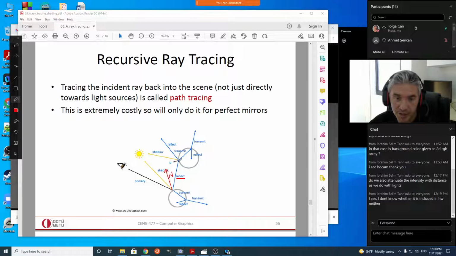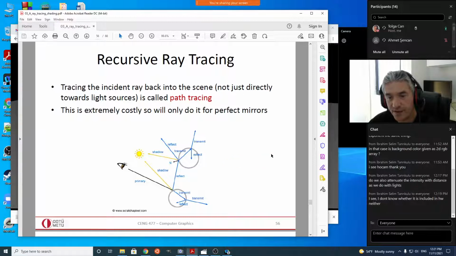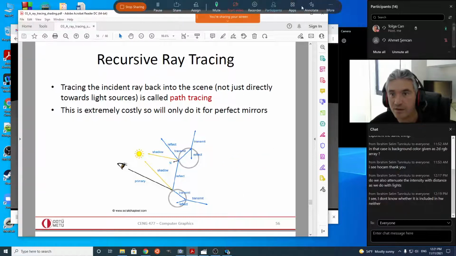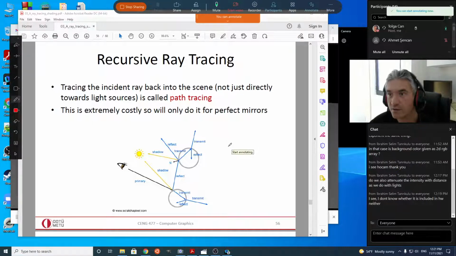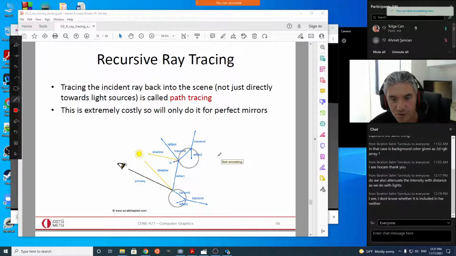Now, if you look at this reflection ray, and this point was x, look at this new ray. Oops, I just deleted that, it just disappeared.